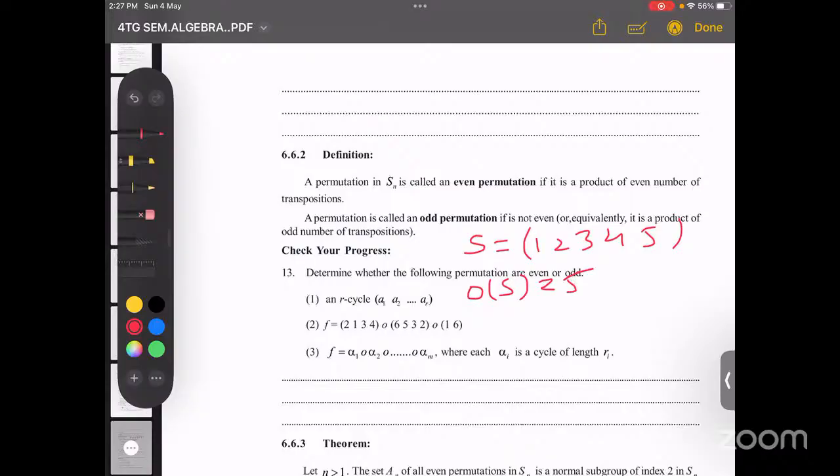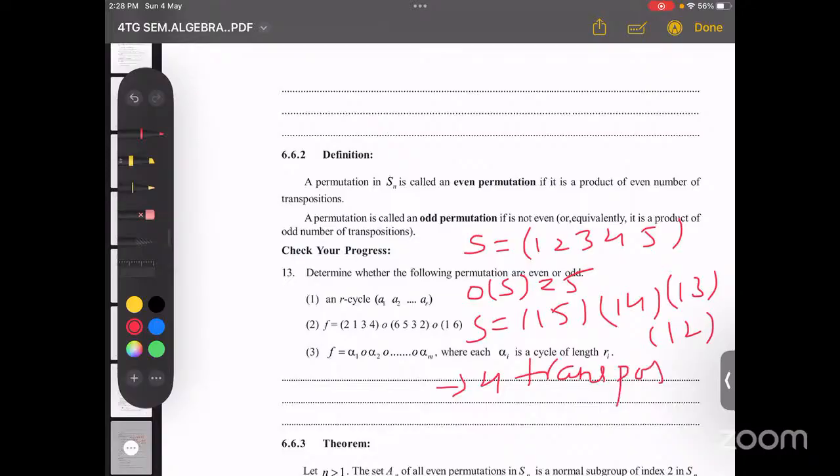So S equals (1 5), (1 4), (1 3), (1 2). How many did we get? 1, 2, 3, 4. Here we got 4 transpositions. So it is an even permutation.